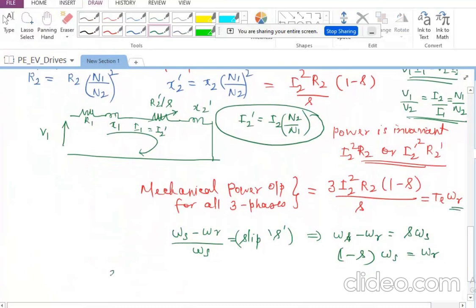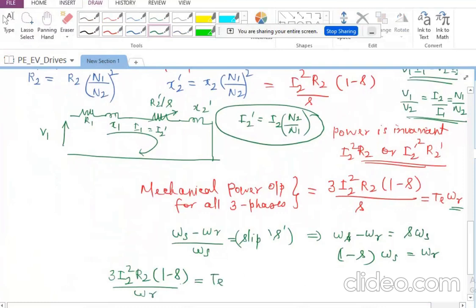So I should be able to write 3I2 square R2 multiplied by 1 minus S divided by omega R equal to TE.